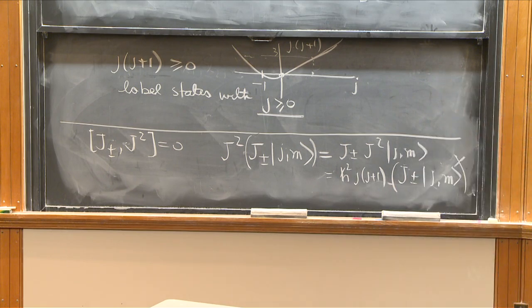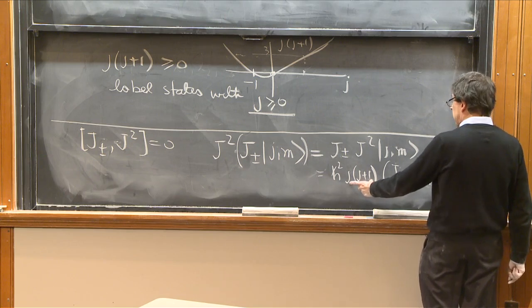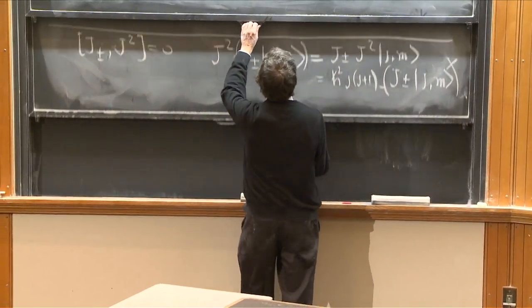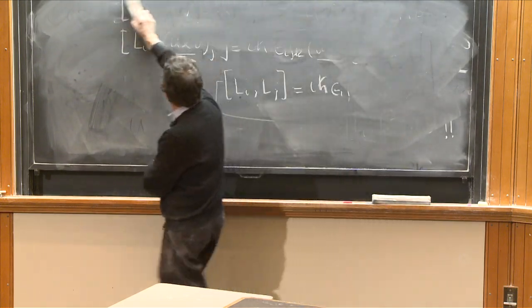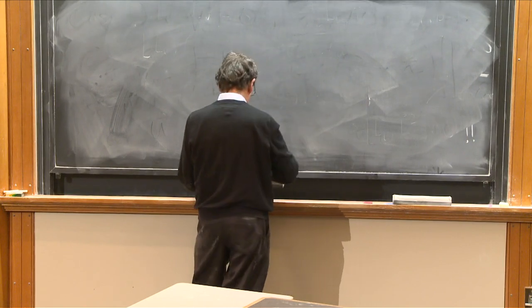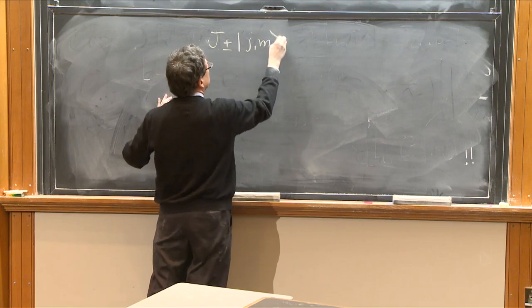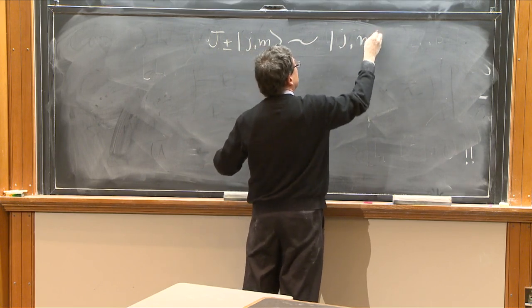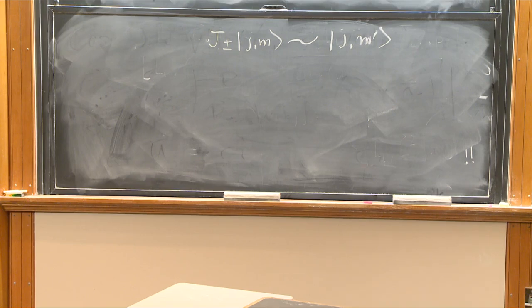So this state is also a state with the same value of J squared, therefore must have the same value of J. In other words, the state J plus minus of Jm must be proportional to a state with J and maybe some different value of m, but the same value of J. J cannot have changed. J must be the same.